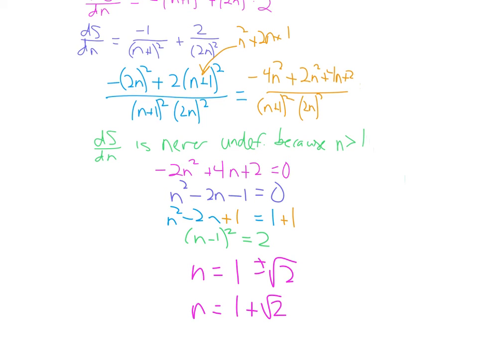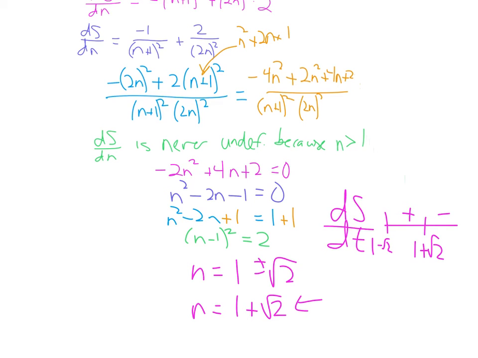Now, to make myself feel better, for ds dn, I want to think about this, 1 plus the square root of 2. If I plug in, really I have 1 minus the square root of 2. And this is a parabola facing down, so I'm going to go positive to negative. So I'm going to have a max.